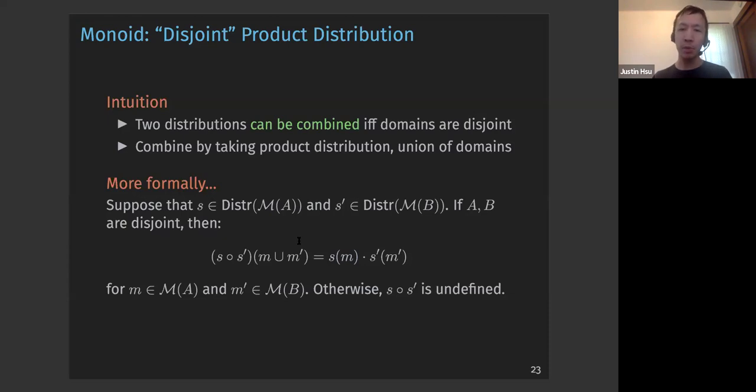This is just regular multiplication. Otherwise, if the domain of S and the domain of S prime are not disjoint, then S combined with S prime is undefined. So you're not allowed to combine two distributions that both talk about some common set of variables.